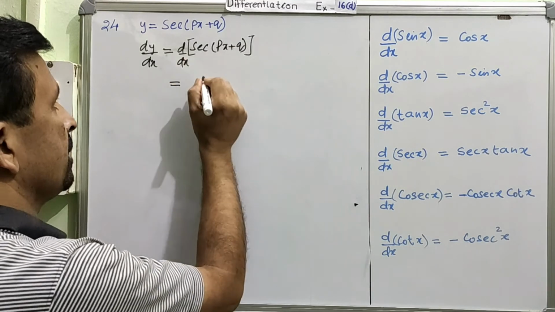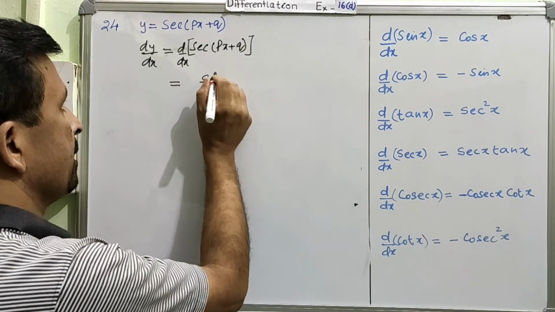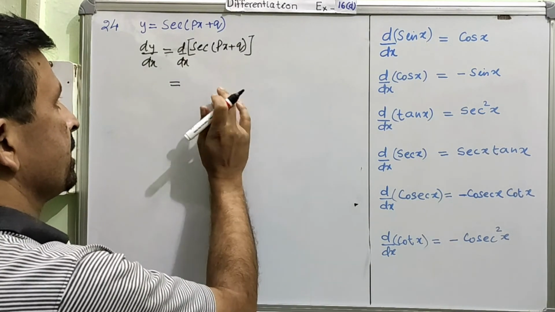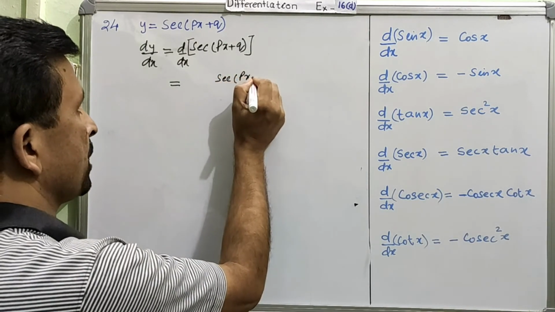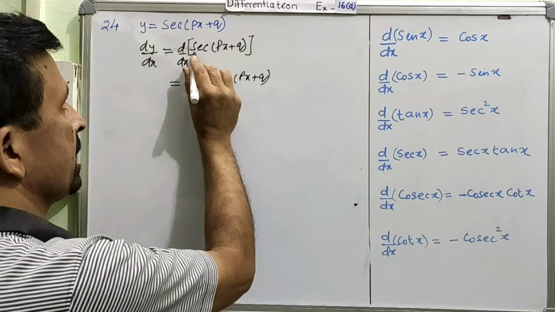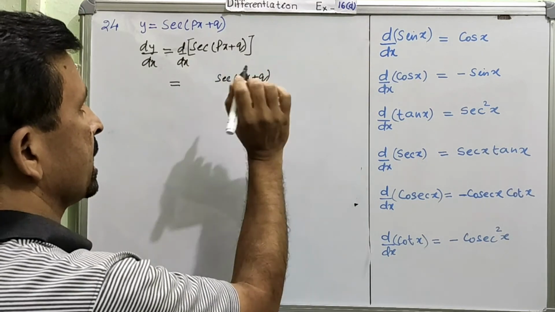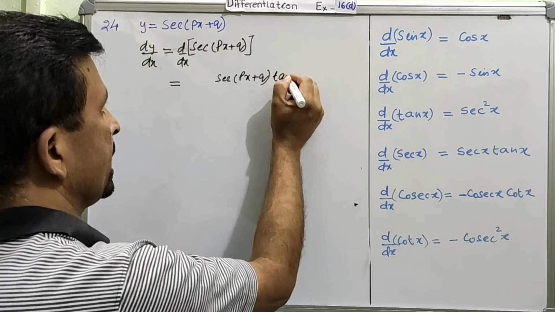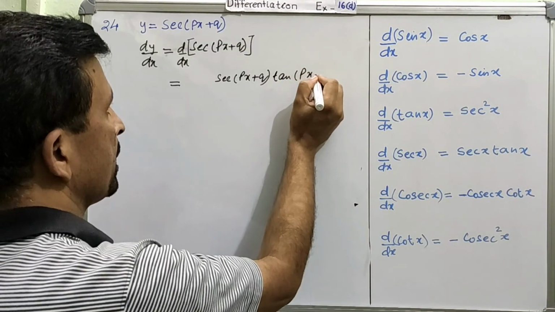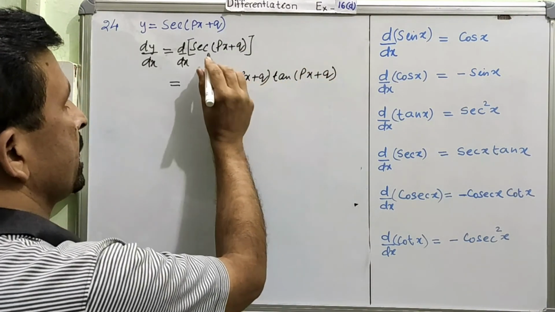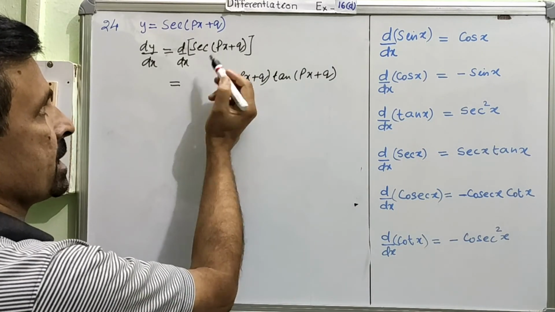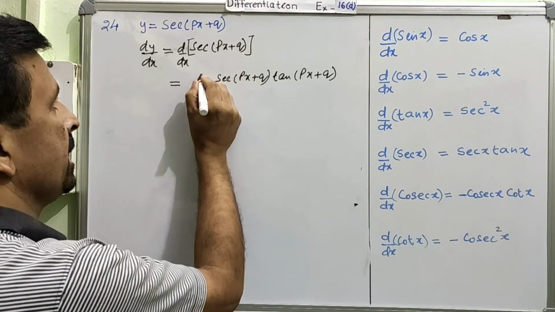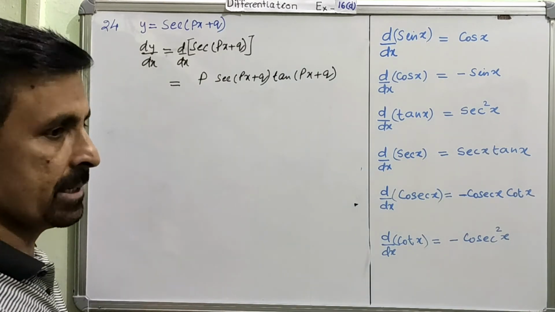So for the term it will become sec x, sec(px plus q). When you are finding the derivative of the term, trigonometric term, angle remains as it is, and then tan(px plus q), and then the derivative of the angle. This q is the constant and p is constant, but then it is with x, so it is only p, and this is your derivative.